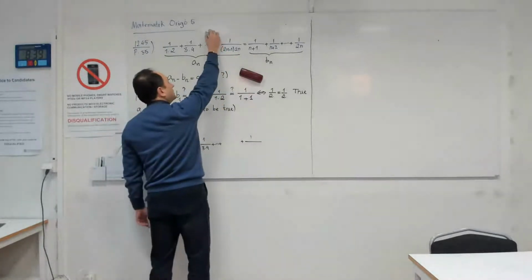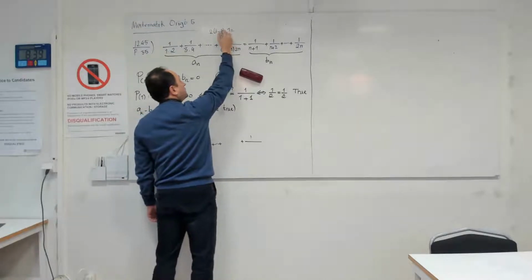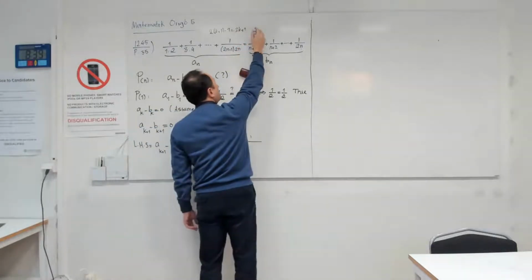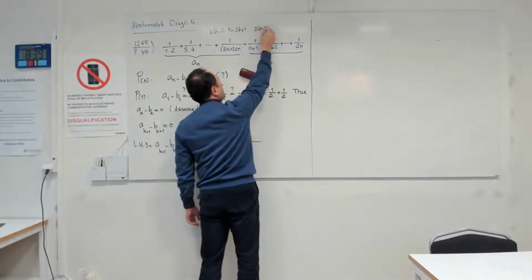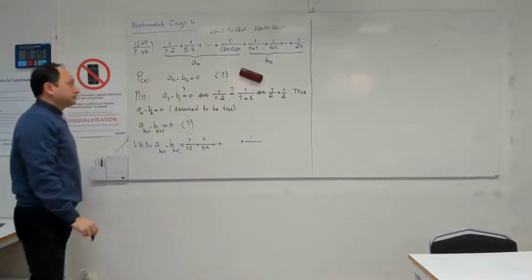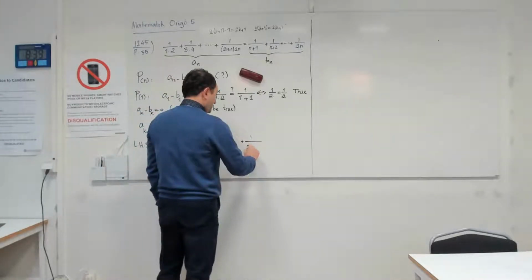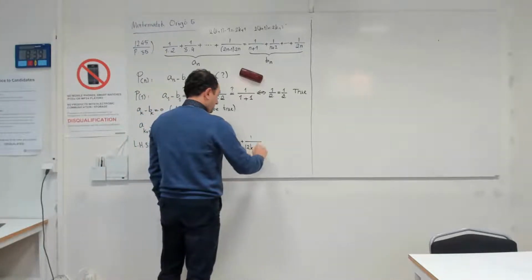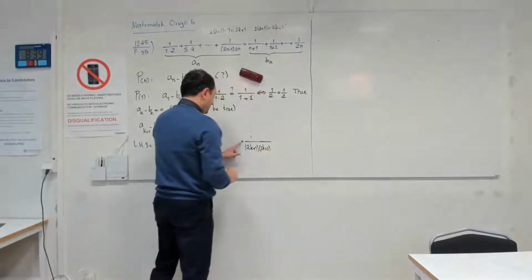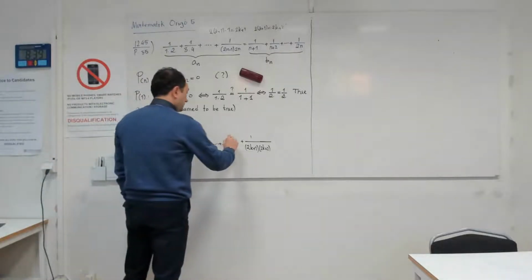So let me write it here. It's 2 times (k+1) minus 1, which becomes 2k plus 2 minus 1, which is 2k plus 1. And the next one becomes 2k plus 2. So the very last term is 1 over (2k+1)(2k+2). Of course, if I ask you what the previous one is, it is exactly that expression for k.